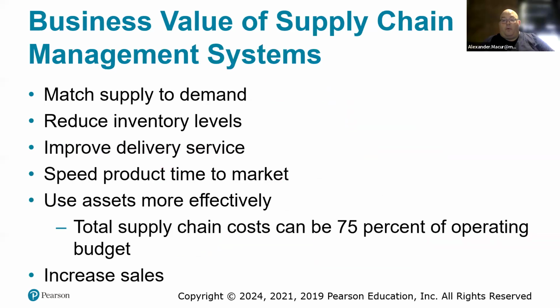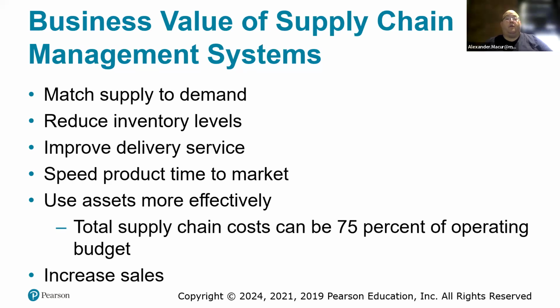So our value here, before we start looking at customer relationship management, we can match supply to demand, or we can match supply to forecast. We should be able to keep low inventories based on demand and based on analytics, and be able to cut our storage costs.